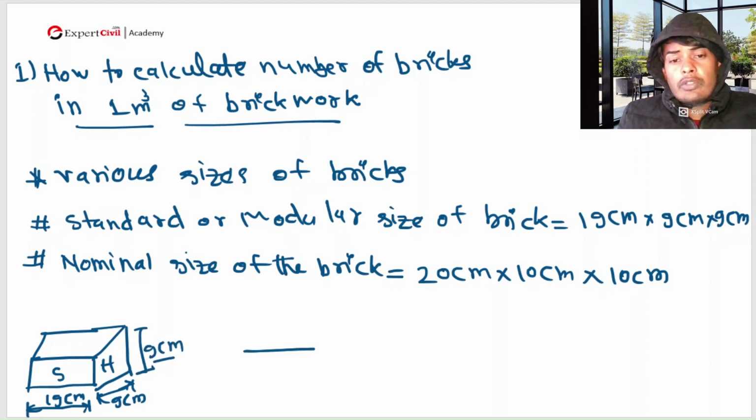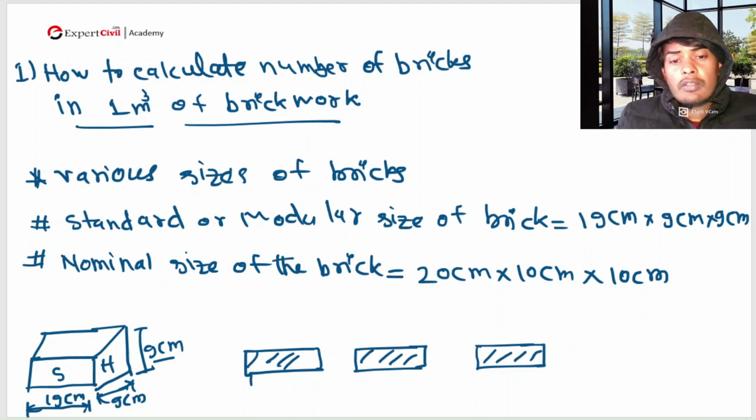We join our bricks with the help of mortar in the brick masonry. So the thickness of the mortar here is 1 centimeter or 10 mm.